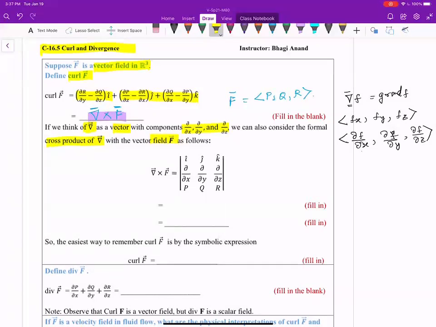So what is the cross product? Let me recap how we define the cross product of two vectors.